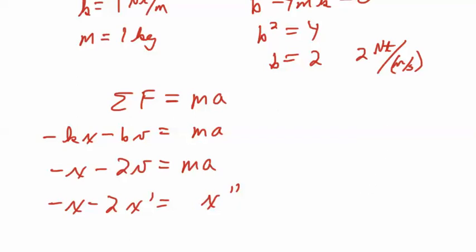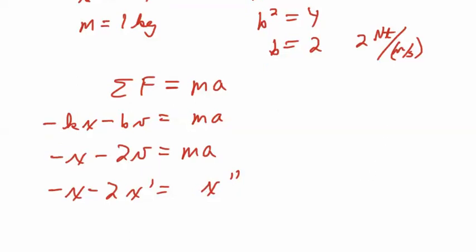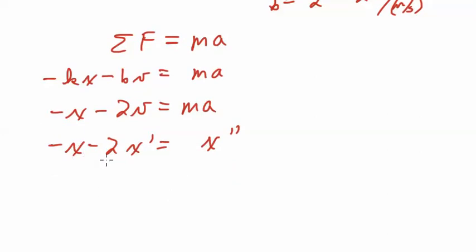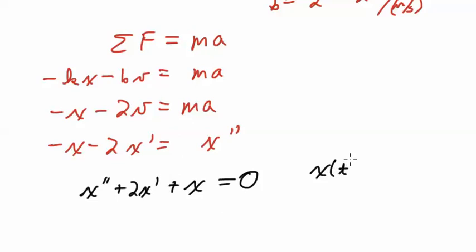And we put all of this together on one side to have basically x double prime plus 2x prime plus x equals 0. And we assume that x of t takes the form basically e to the rt.